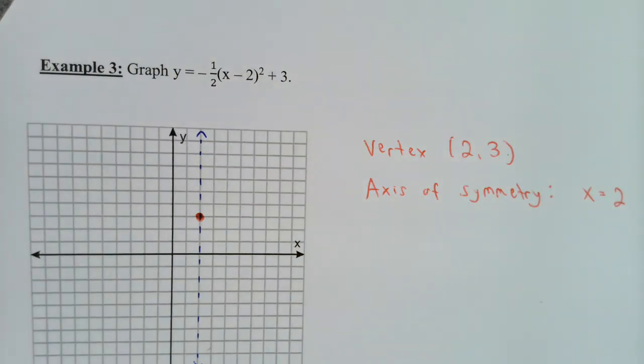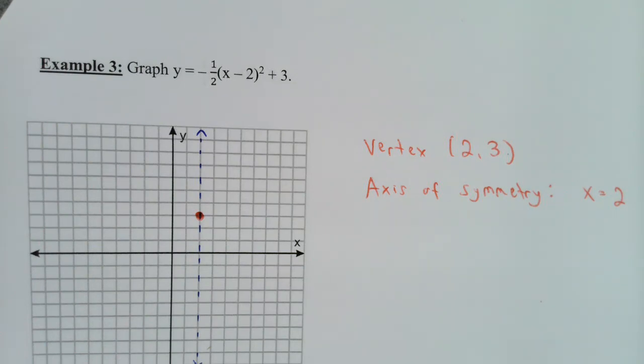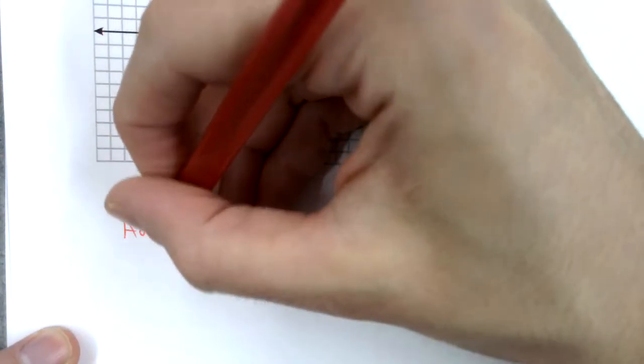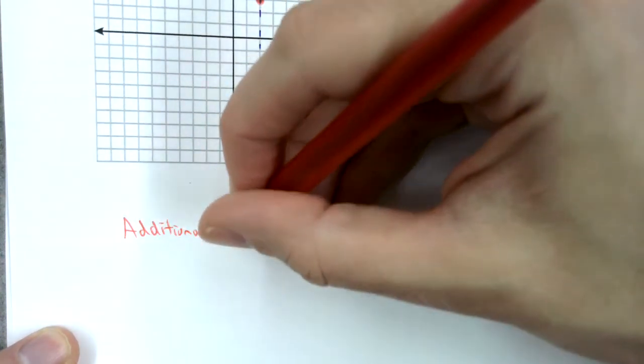Now let's get some additional points, and we'll go from there. So I'm going to pick x equals 0 for my first additional point. I'm going to try to avoid fractions. I'm going with x equals 0.